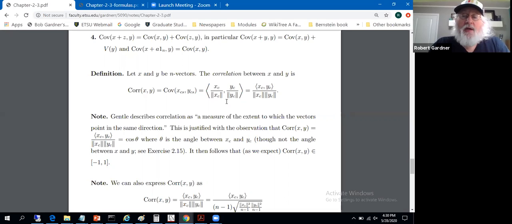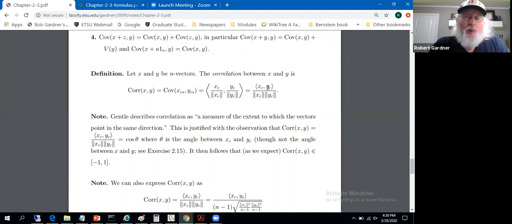Then we can also bring the x sub c and y sub c out, linearity of the inner product again, and you're left with correlation being defined as the inner product of the centered counterpart vector x sub c and the centered counterpart of y, vector y sub c, that inner product divided by those norms.